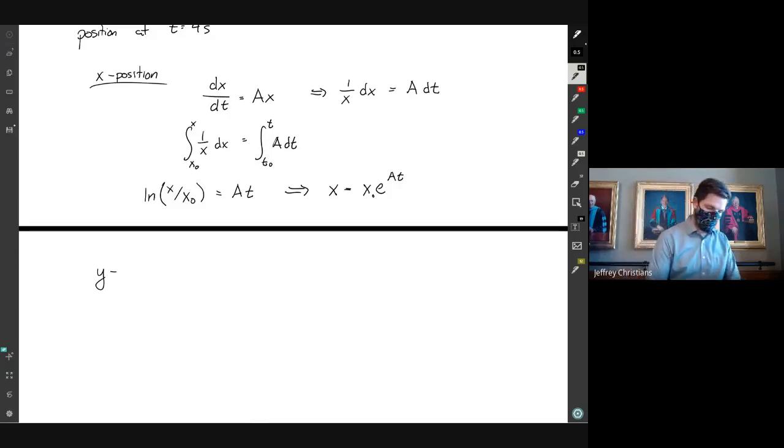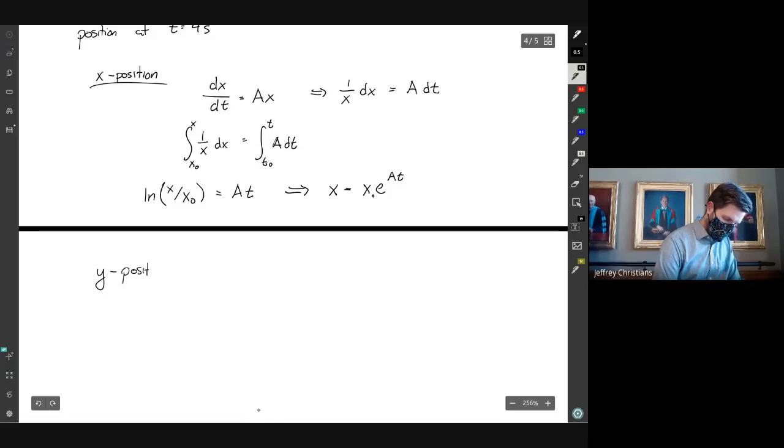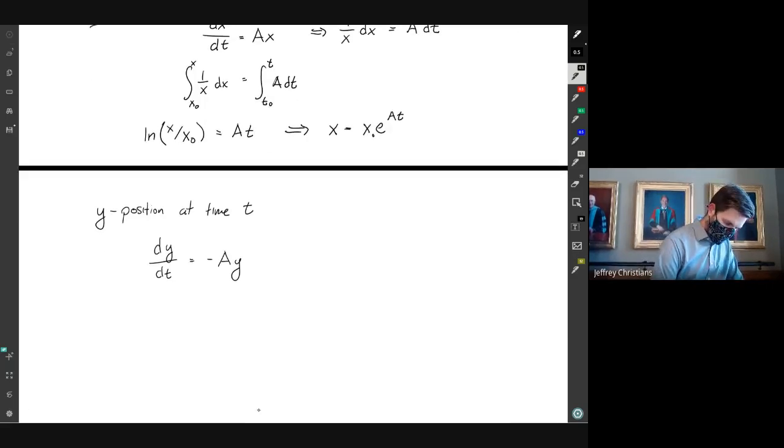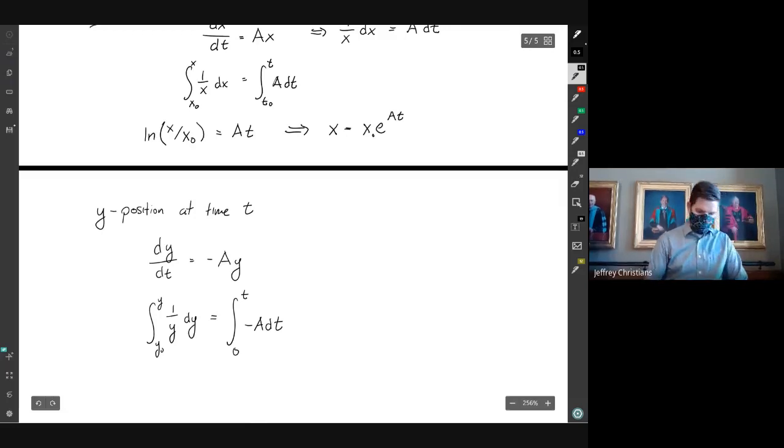Okay, so if we wanted to find the y position at time t, we would do the same thing. This would be dy/dt equals minus ay. We would do an integral from y naught to y of 1 over y dy equals the integral from 0 to t of minus a dt.